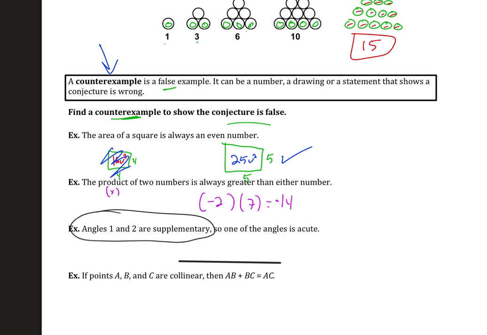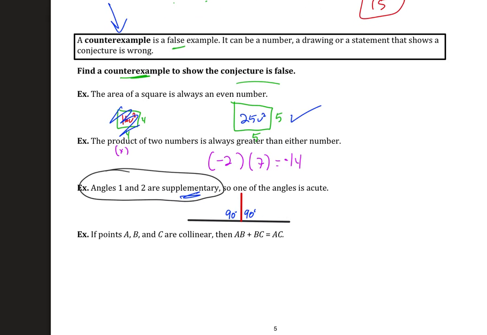So how can I draw this where one of them is not acute? Well, if I draw it perpendicular, and I make both of these angles 90 degrees, here, both angle 1 and angle 2 are supplementary. They had to be 180. And one of the angles is not acute. They're both right angles. So here, this would be a great counterexample.